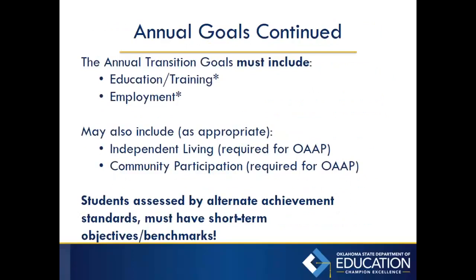Students with significant support needs who participate in the alternate assessment must have annual goals in independent living and community participation. They also need short-term objectives and benchmarks. So those goals need to be broken up by short-term objectives and benchmarks if they participate in the alternate assessment.